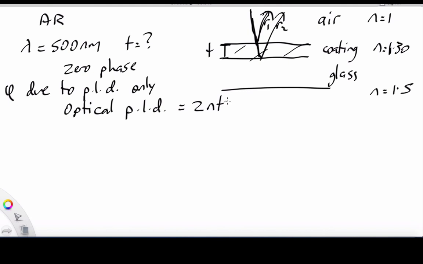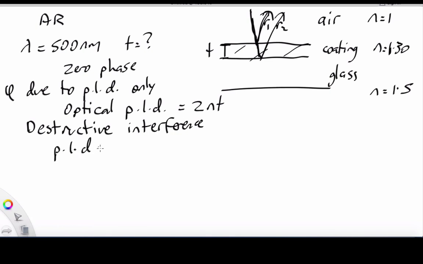So the optical path length difference is 2nt. Since it's to be an anti-reflective coating, we want destructive interference between the two reflected rays. And for the case where we've got a higher refractive index underneath, we have the path length difference equals half a wavelength.